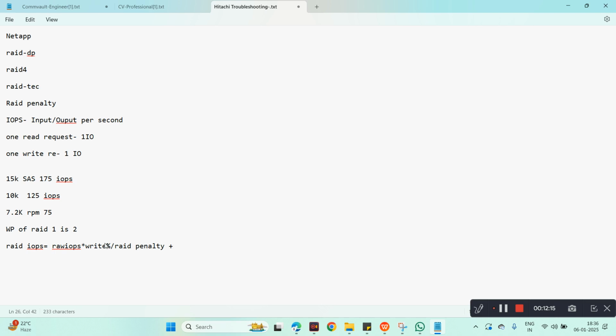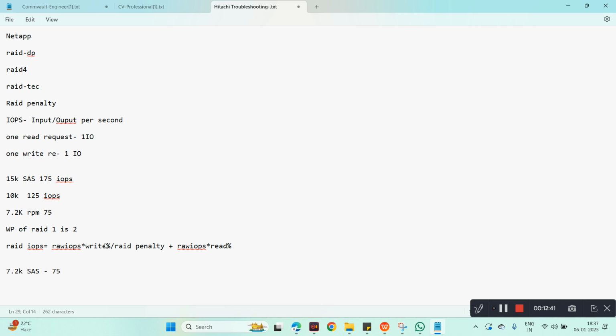Plus, you have the raw IOPS of the disk, and you calculate it with your read percentage. You multiply by the read percentage, and this is how you get the IOPS. Suppose you have a 7.2K SAS disk, which is having 75 IOPS.